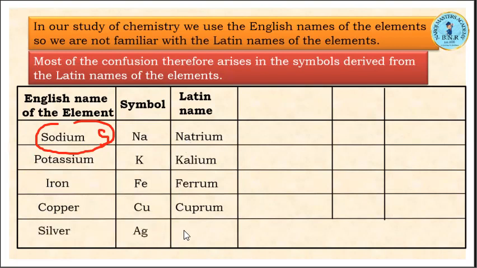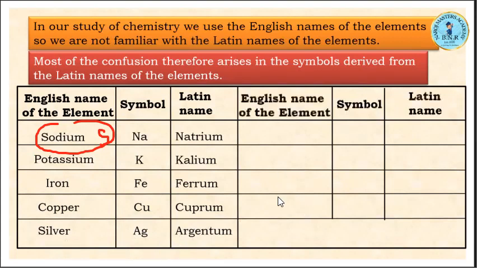Silver: the symbol is Ag, and the Latin name is argentum. Argentum means Ag. Very, very important. Now, what do you think about gold? We know the chemical symbol of gold is Au.